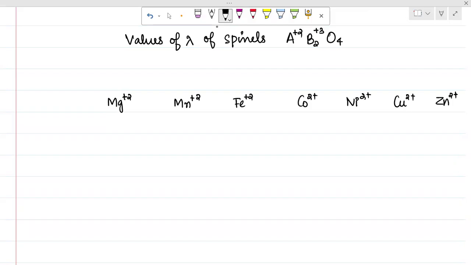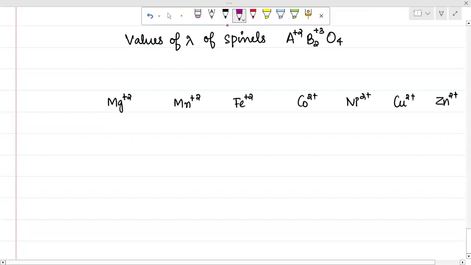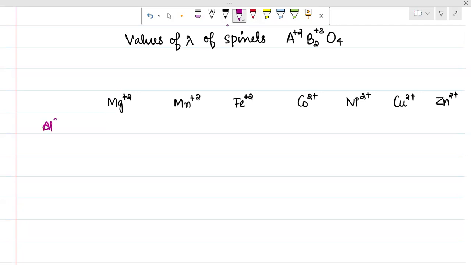And the B metals, I'll write with a different color. Aluminium +3, chromium, iron, manganese, and then cobalt. These are the metals in +3 that are given in the table.